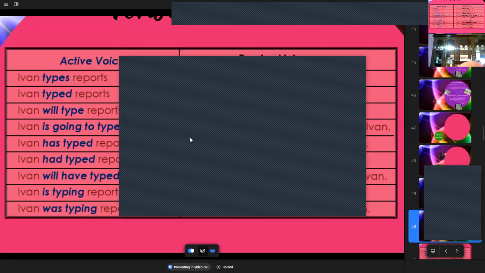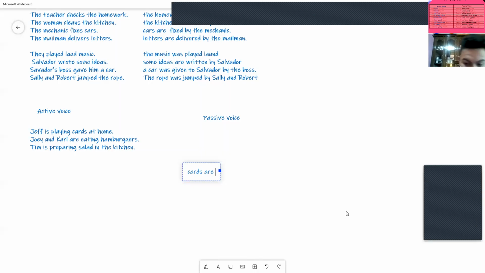Okay. Now, okay, move the mouse. Cars here are. Cars are being.